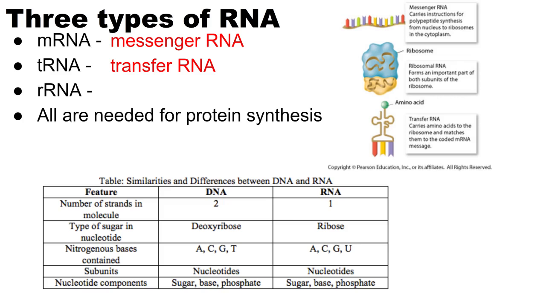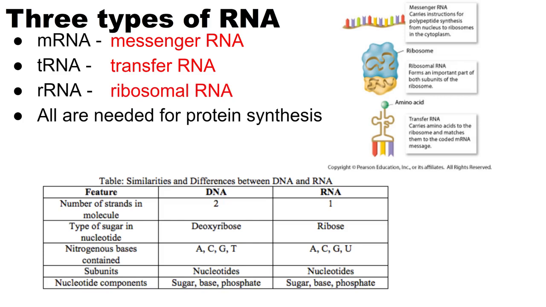The job of transfer RNA is to carry amino acids to the ribosome to be connected together. And then the third type of RNA is called rRNA, and that stands for ribosome RNA.